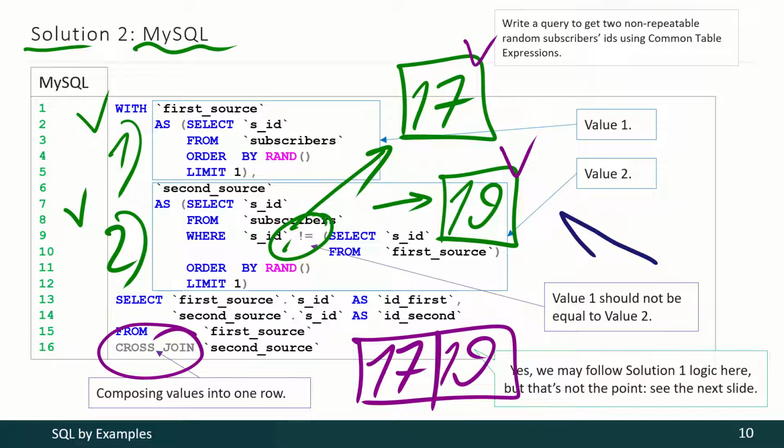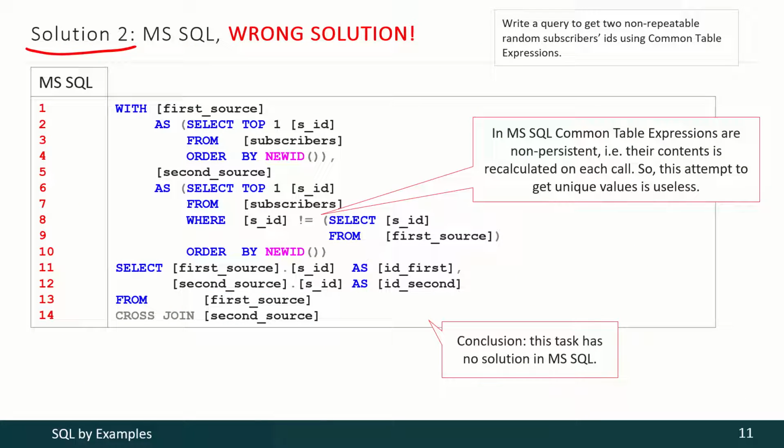This solution may look simple, and for real it is for MySQL, but not for Microsoft SQL Server and Oracle. Please pay attention that this solution for Microsoft SQL Server is a wrong solution. Why is it wrong? Because in Microsoft SQL Server, common table expressions are not persistent.